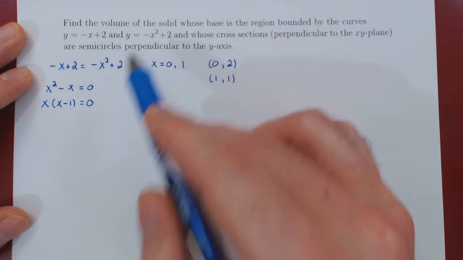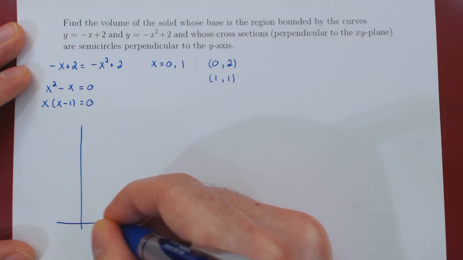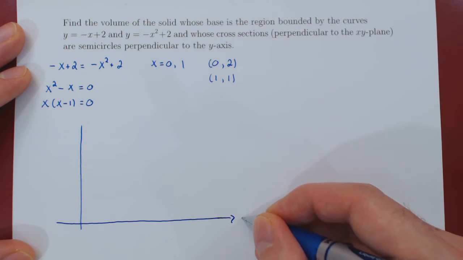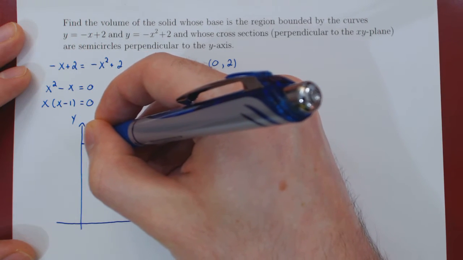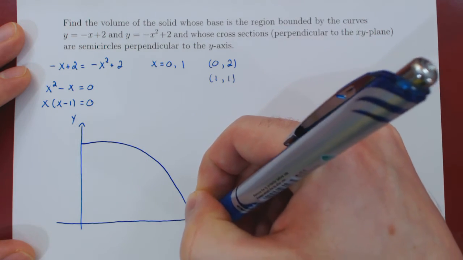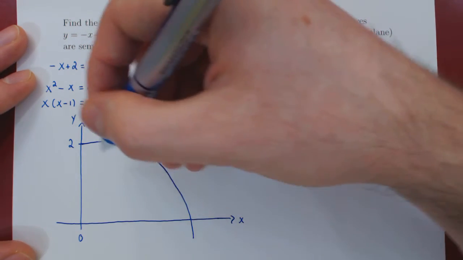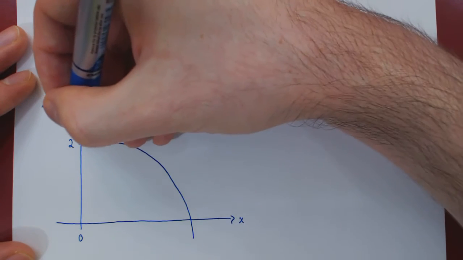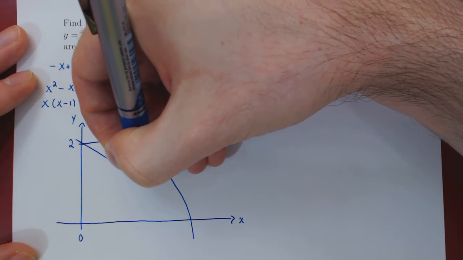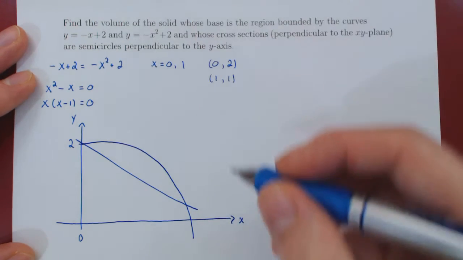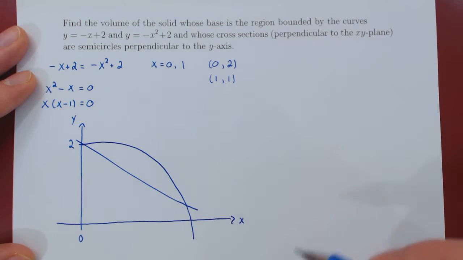And now we can sketch these two simple curves. So the first curve, of course, is the parabola, y equals negative x squared plus 2.